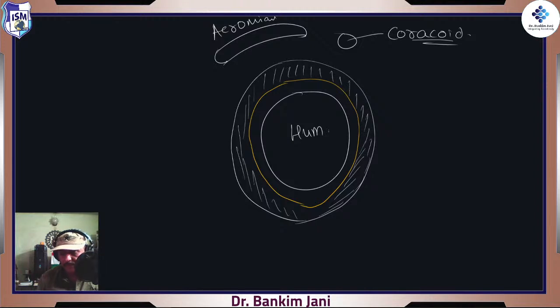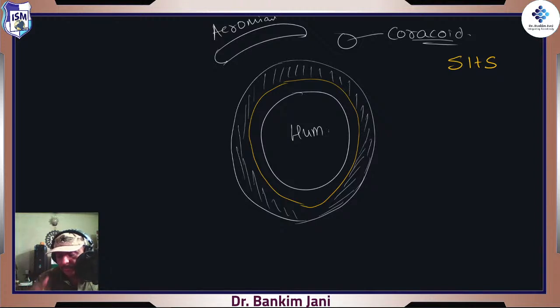Muscles, they are connected over here only. Which muscles? 4 muscles: supraspinatus, infraspinatus, teres minor, and subscapularis. Now subscapularis, as we know, is anterior, correct?